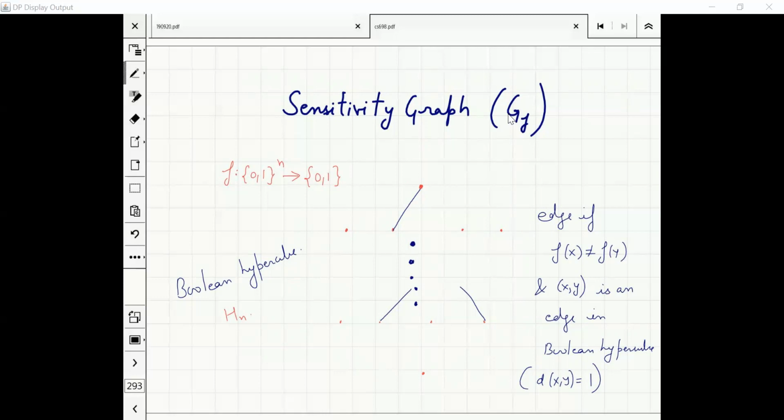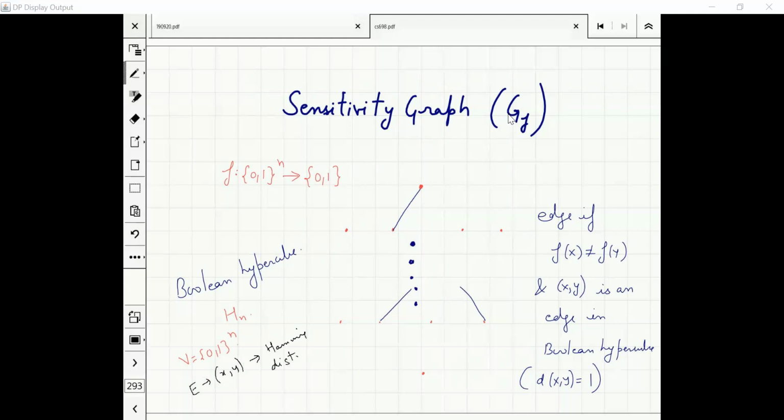And an edge exists between two inputs whose Hamming distance is exactly 1. Very good. So what is a Boolean hypercube? The vertices are the 2 to the power n inputs, {0,1}^n, all the inputs of a Boolean function. And xy is an edge if and only if the Hamming distance between them is 1.